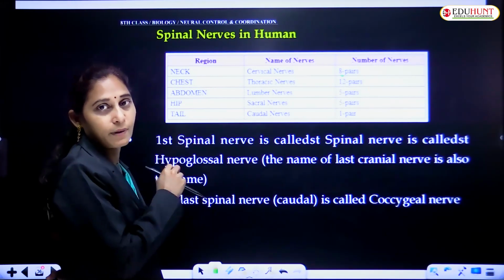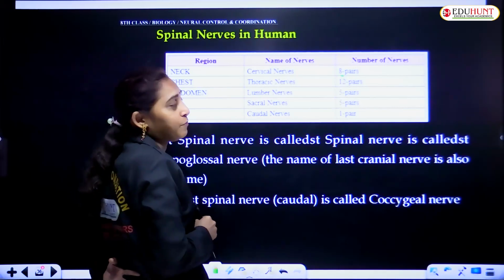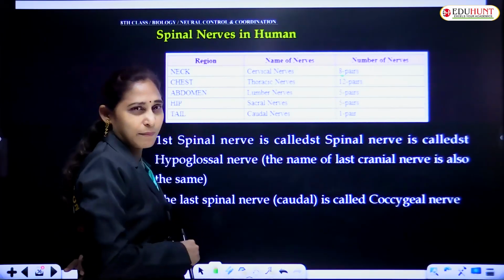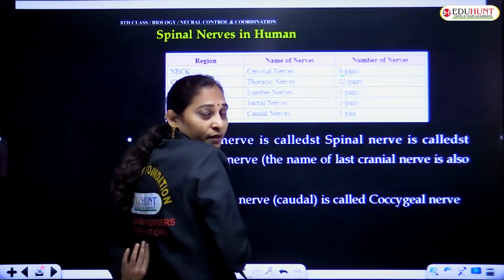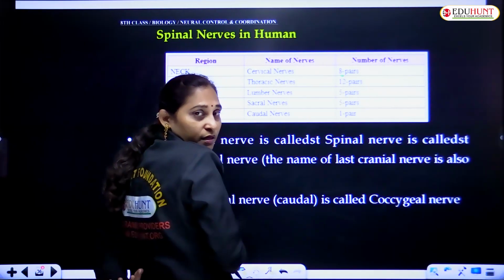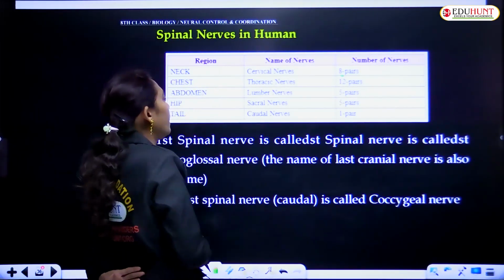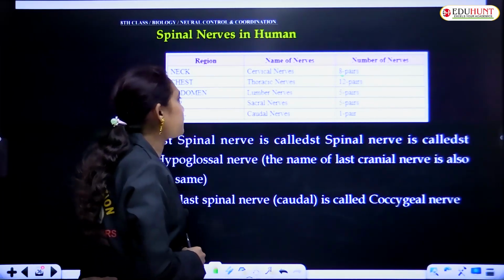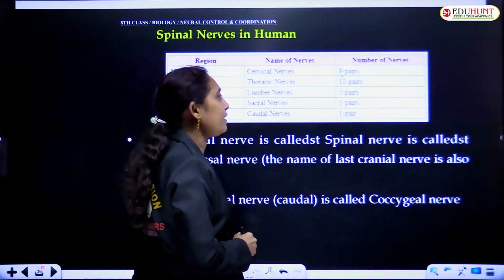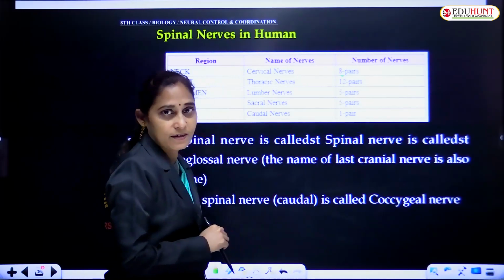They are present on the dorsal side. Then the hip region has the sacral nerves, which are also 5 pairs.